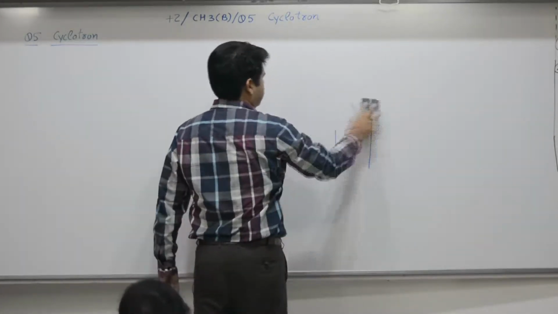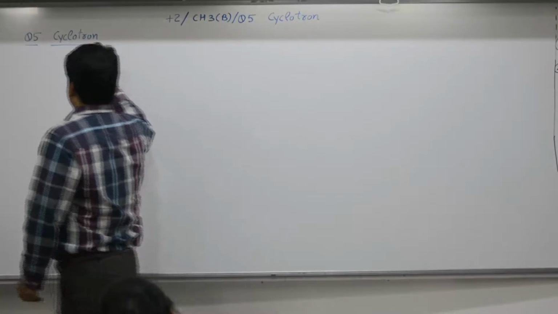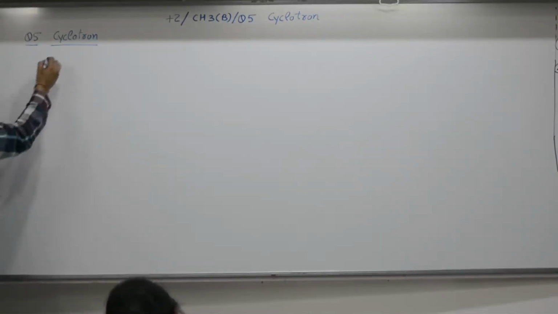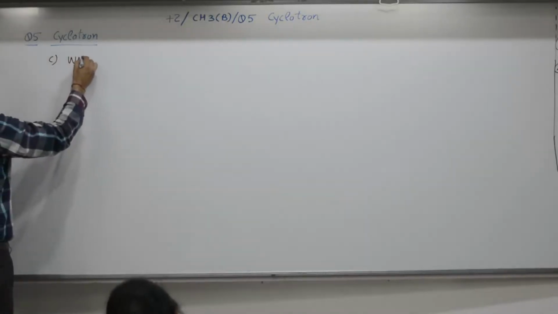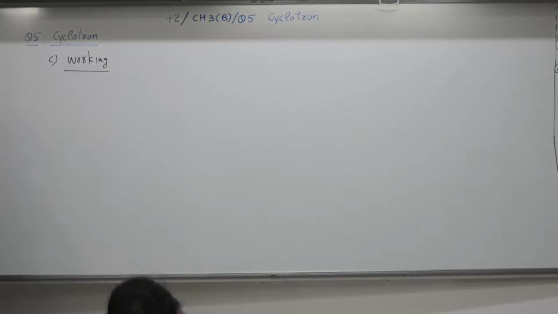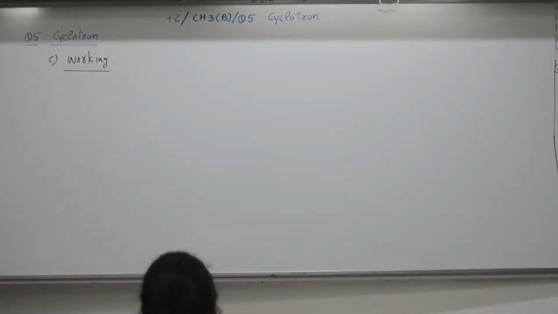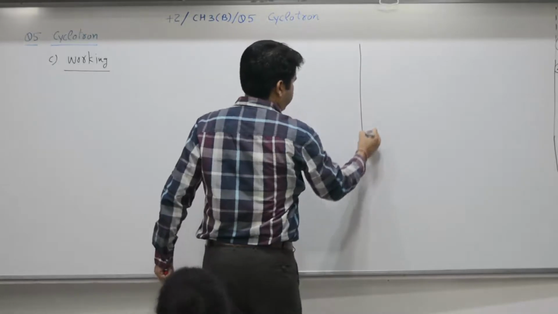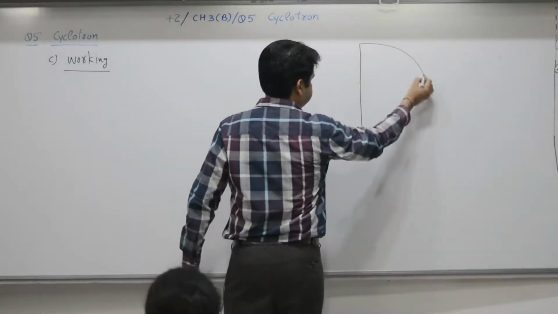Working. C part is working. Working of a cyclotron. There are two D's. D1 is as shown in the diagram, right disk. Am I right?